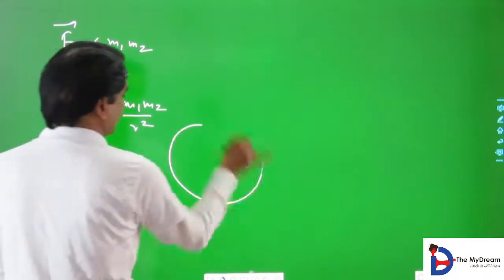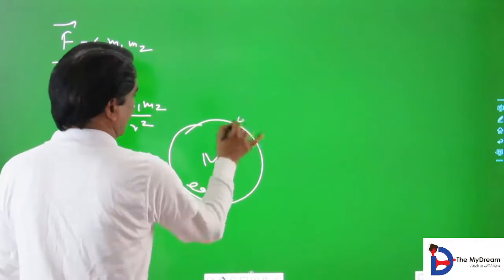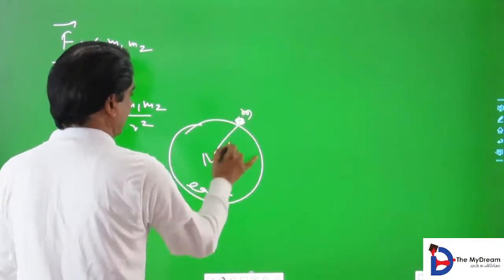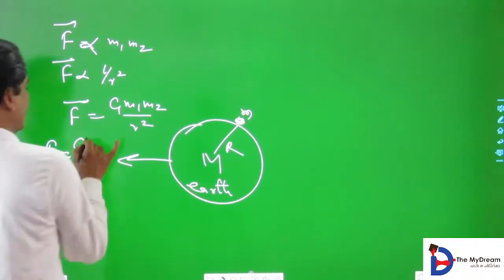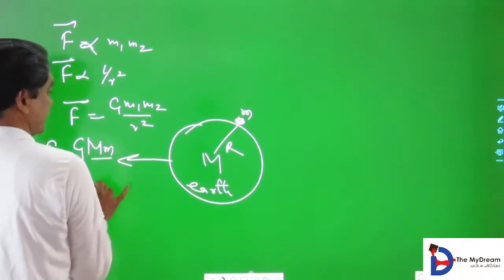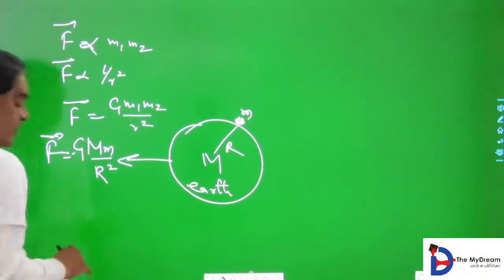If you are considering the Earth is supposed to be spherical and the object of mass is small m, then it can be written down like this. Gmm upon r square. Negative sign indicate कर रहा है, it is meant for attraction.